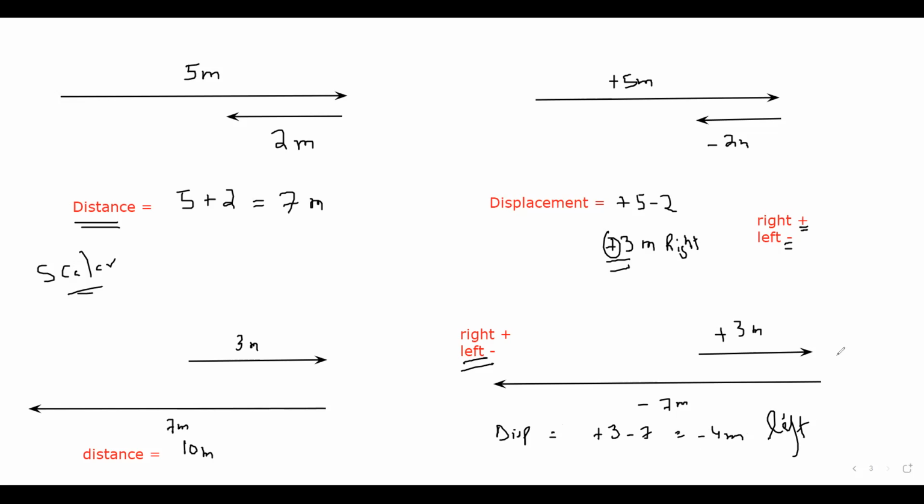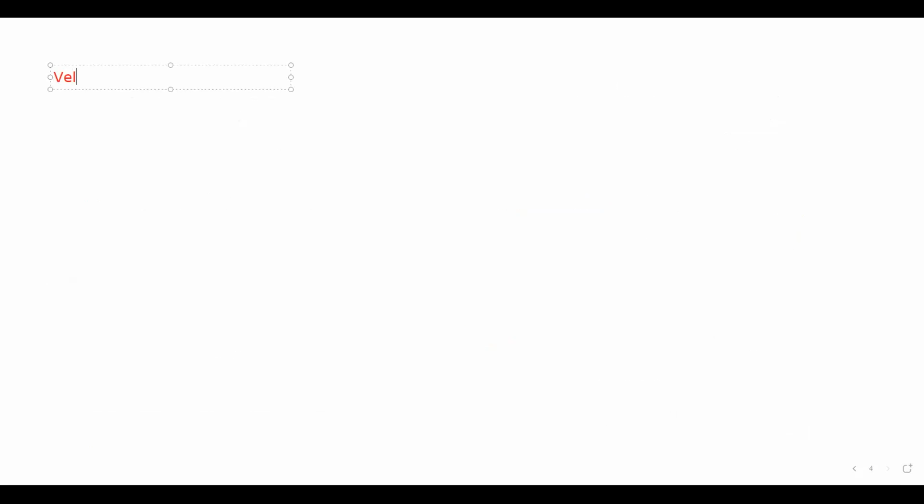Is the difference between distance and displacement clear? And what is velocity? Basically, velocity is displacement divided by time. And what is speed?